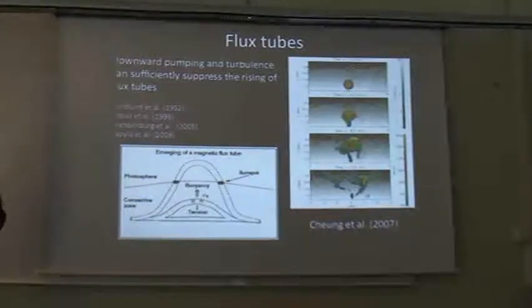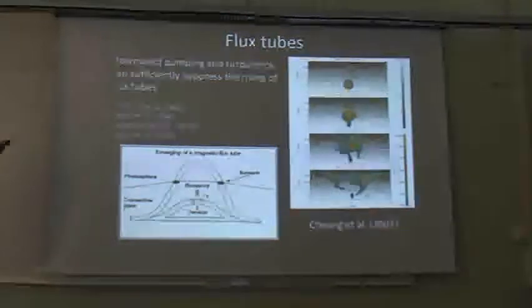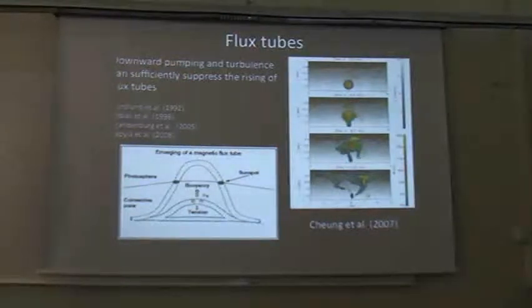So you have to think about alternatives, because turbulence can destroy the flux tubes, and also you've seen in some simulations that the magnetic field is pumped back down into the convection zone.